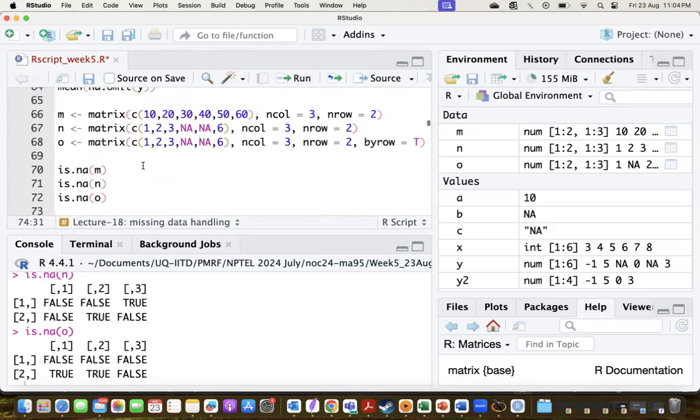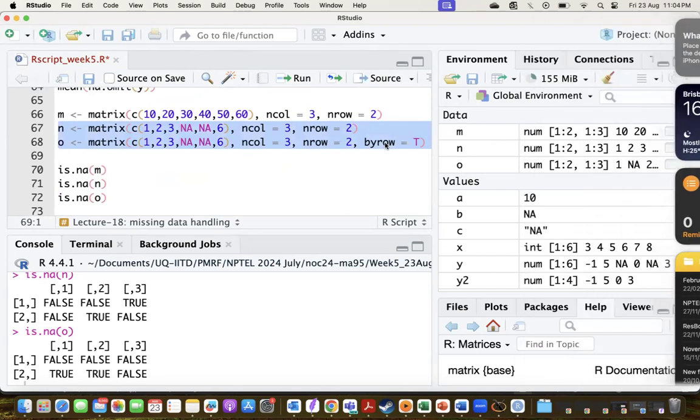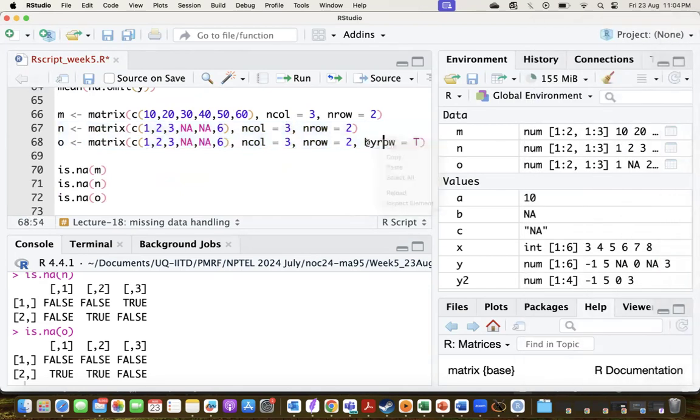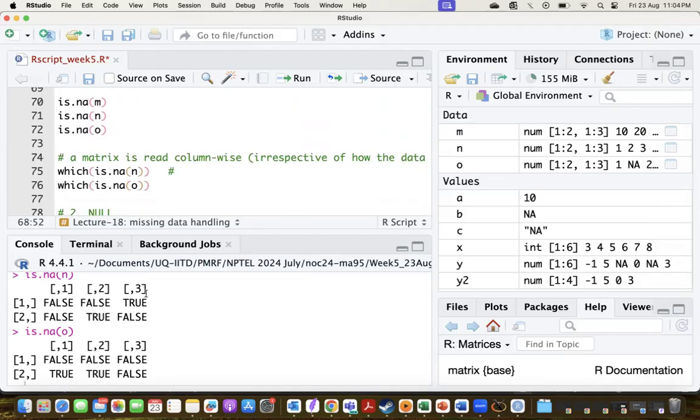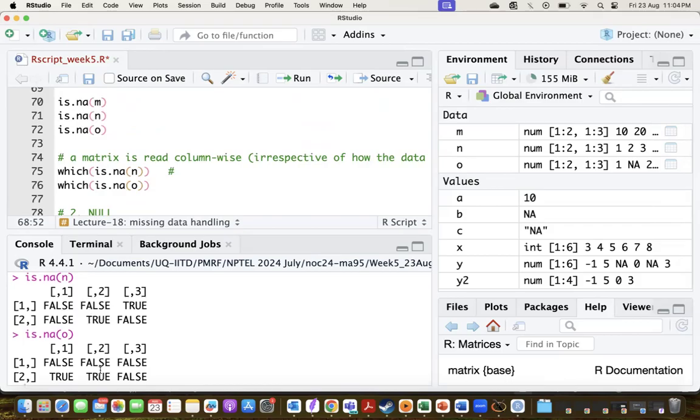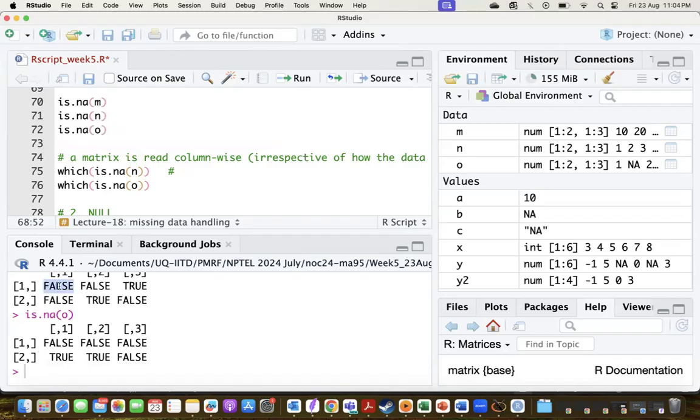If you remember, the N and the O matrix, the data is exactly the same. It's just that in one of them, we've filled it by row, and in one of them, by column. However, when the which function is going to read these trues and falses, it's going to read them column wise. So for N, it's going to say this is false, 1, then 2, 3, 4, 5, 6.